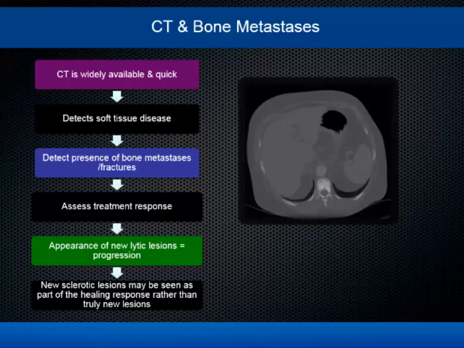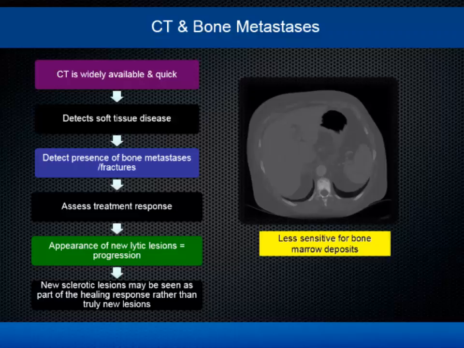And in general, if you see lytic lesion in a CT scan, it means that it's progressive disease, but if you see a sclerotic lesion, it could be just a response to the ongoing treatment. But again, the world of oncological imaging has changed with the advent of PET CT, which will be the mainstay investigative modality in oncology.